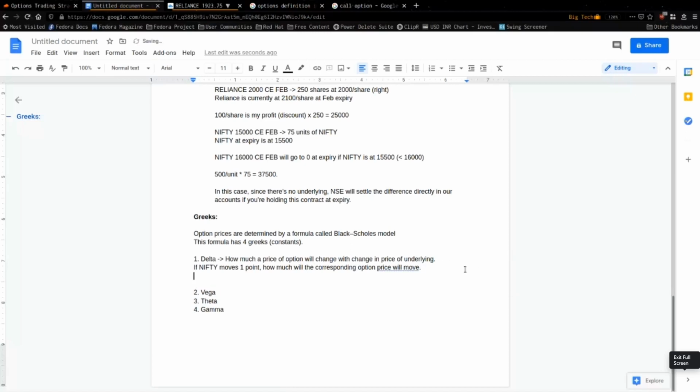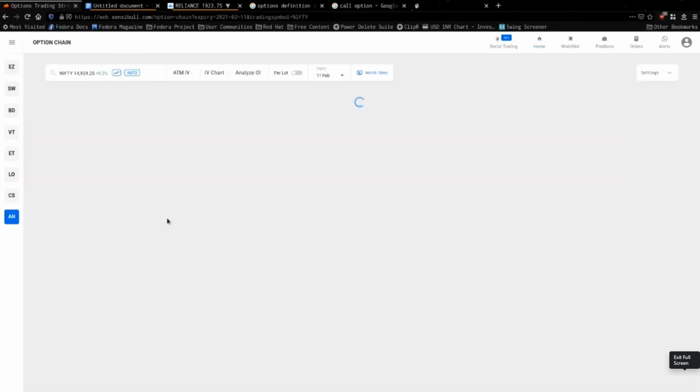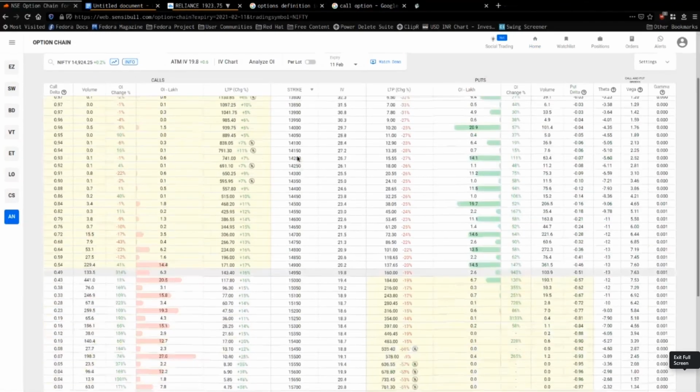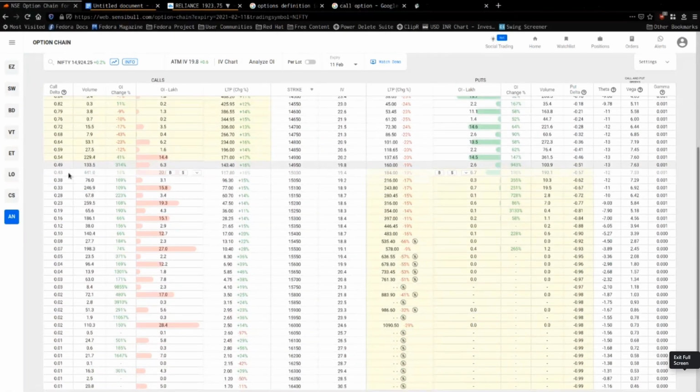So 15,000 CE will have a different delta value. We can actually go and take a look at the options chain for this. Nifty 15,000 CE is 0.43. So for a 1 point change in Nifty, this particular contract will move 0.43 points.